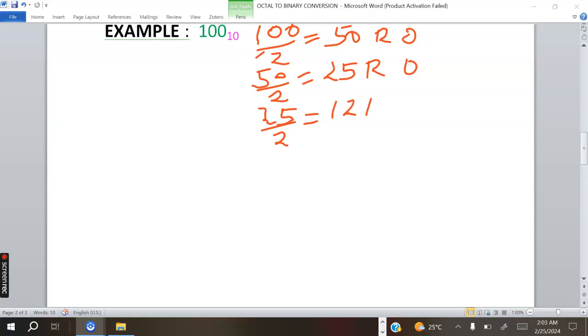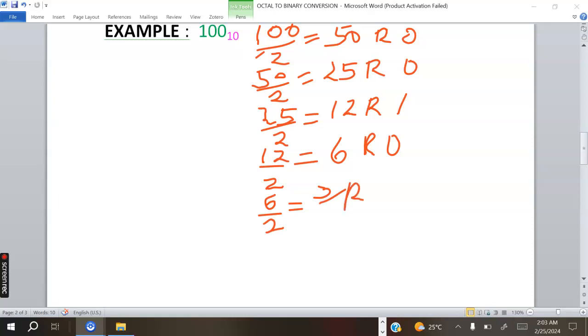12 remainder 1. Then we have the 12 divided by 2, which is a 6 remainder 0. Then the 6 divided by 2, which is a 3, remainder 0.